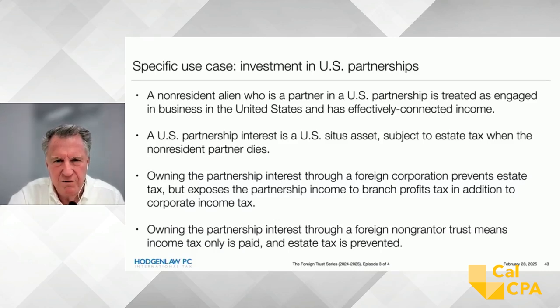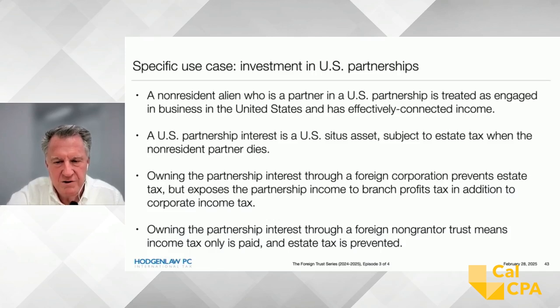So it gets messy with a corporate structure. The alternative is to have the partnership interest held by a foreign non-grantor trust, where you get the same income tax treatment, straight pass through to the non-resident alien individual, or the taxes paid at the trust level, but you have eliminated the estate tax risk. So I think that's useful.